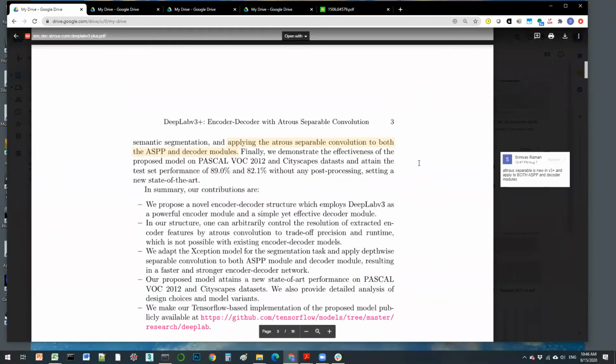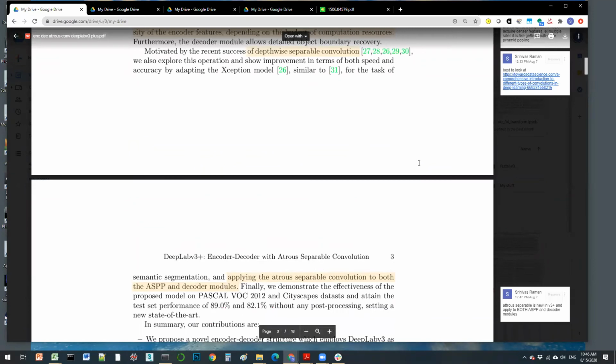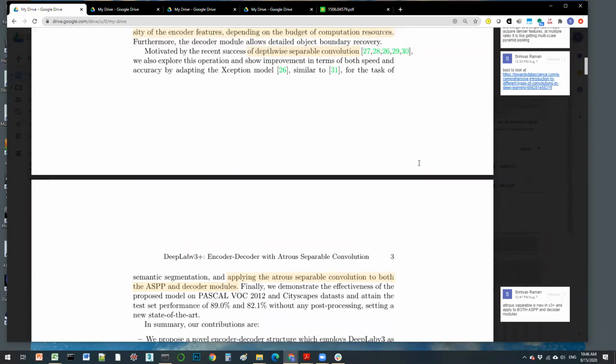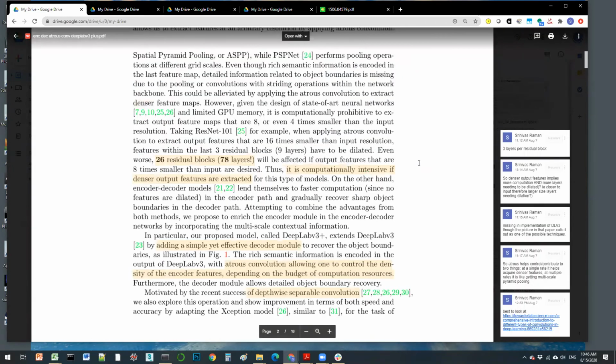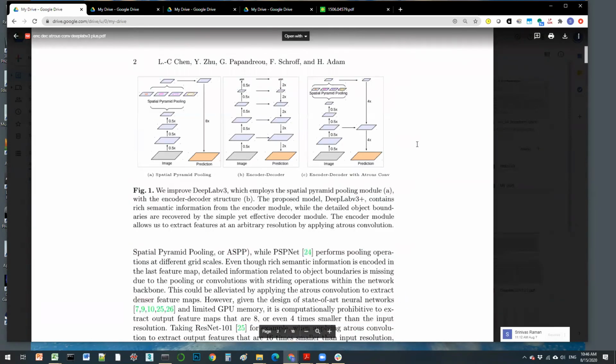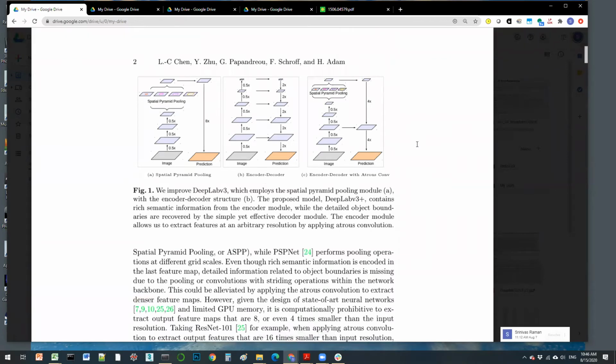And the 1x1 convolve in both directions, in my assessment, and we have to look at the code, is to ensure that the channel depths are the same on both, and then you concat. But typically you do the 1x1 convolve to ensure that the channel depths are varied, which I'm assuming is the case. So then you do that part.